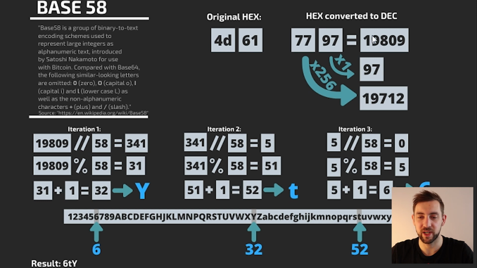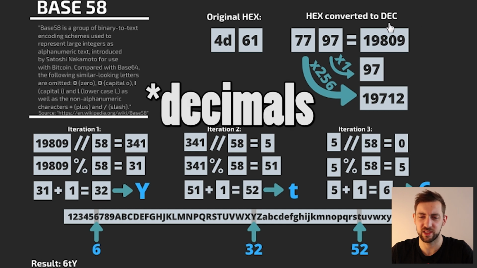So 4D61 is 19,809 in decimal. I won't be converting it to binary because in this particular case in my code we are using integers just for clarity. Everybody knows integers, it's easy to understand.